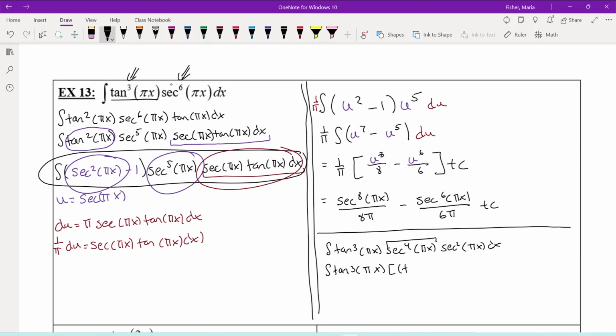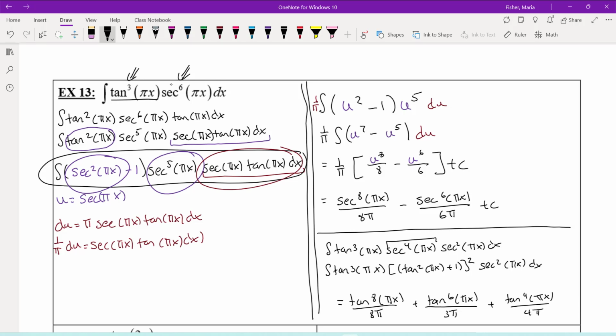That would have been tangent squared pi x plus 1, quantity squared. And we would have done the substitution for tangent. This answer actually is tangent to the 8th of pi x over 8 pi plus tangent to the 6th of pi x over 3 pi plus tangent to the 4th of pi x over 4 pi plus c.